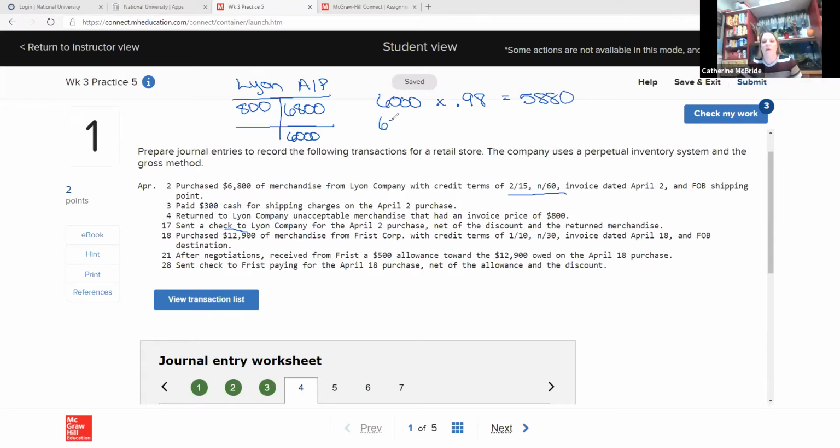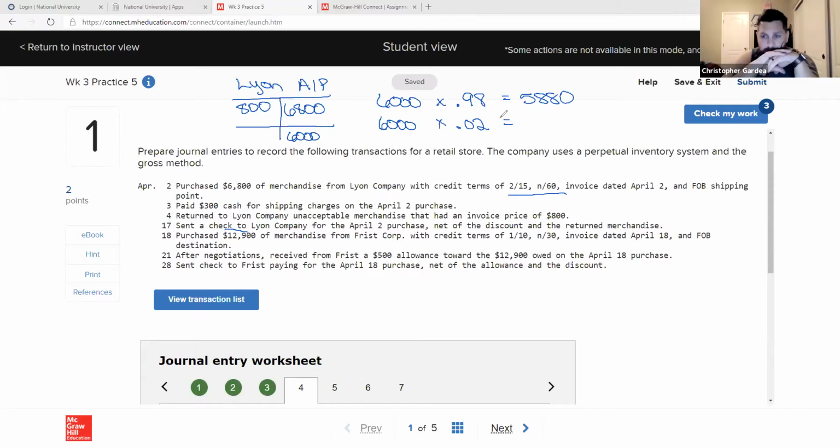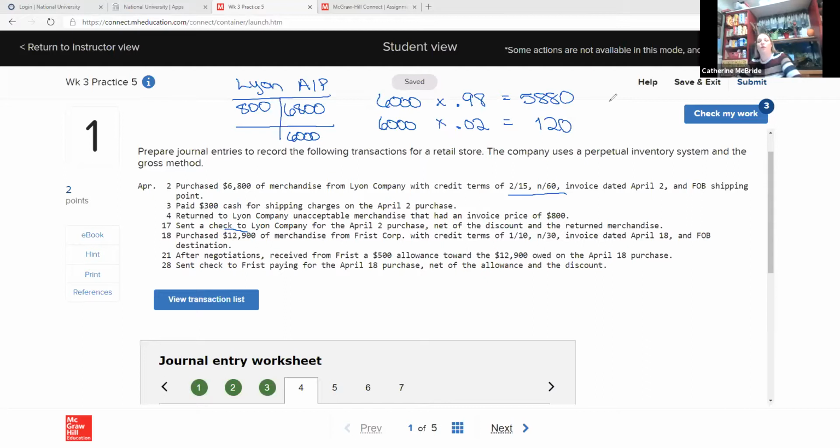And my discount is going to be 6,000 times 0.02, which is 120. So when I do my journal entry, I'm going to decrease my inventory by the $120.